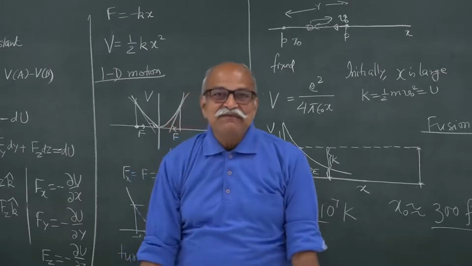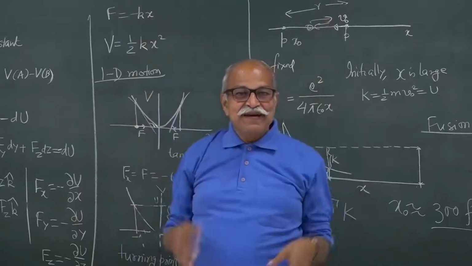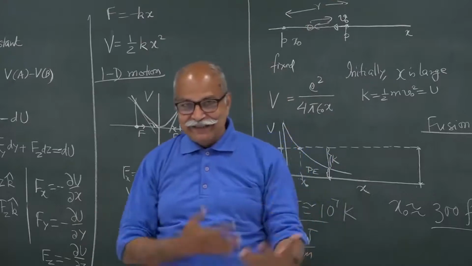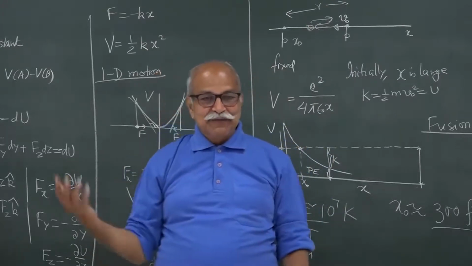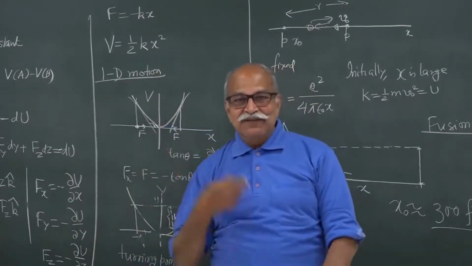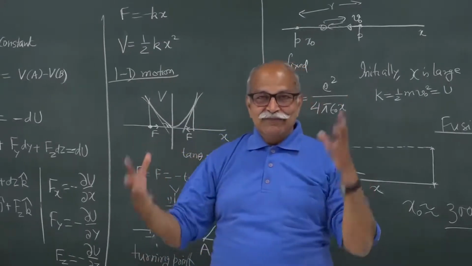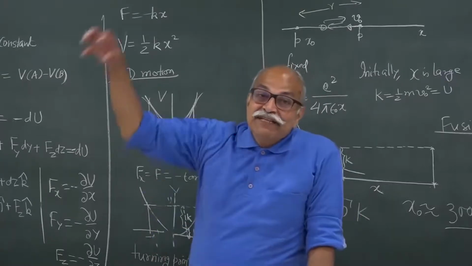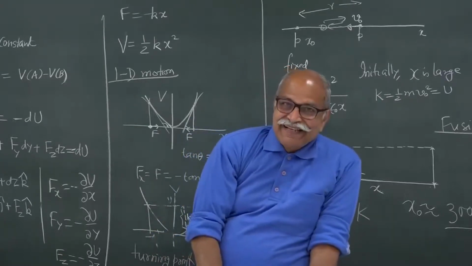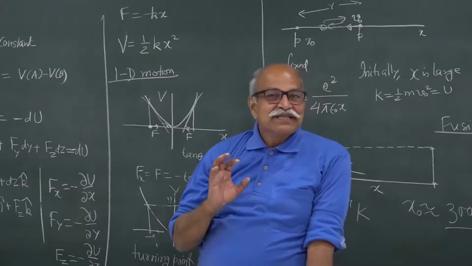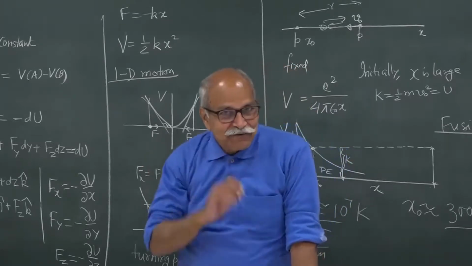When we say angular momentum, generally what comes to your mind is something rotating, and angular momentum should be some moment of inertia times angular velocity. So it should be a rigid body or an extended body, but even for a single particle this angular momentum concept is very useful. Let us see how.